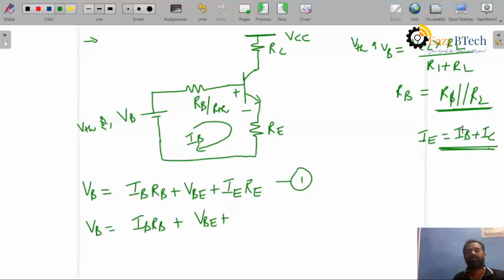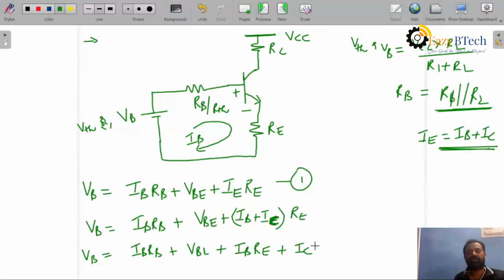So we write VB equals IB RB plus VBE plus IB RE plus IC RE. This is equation 2.